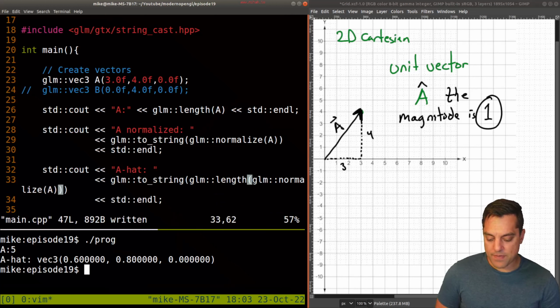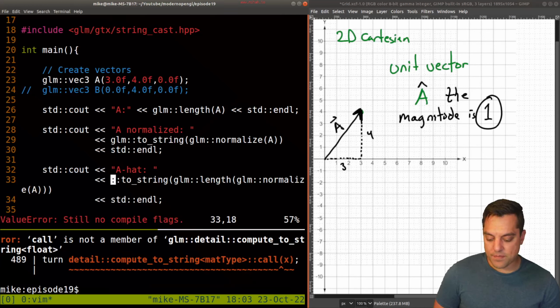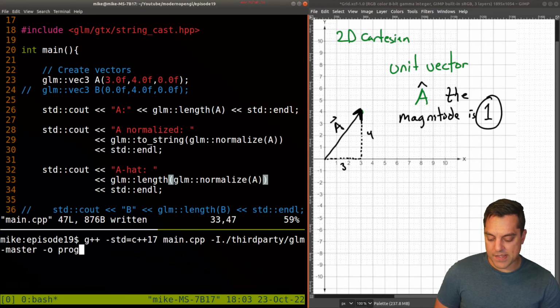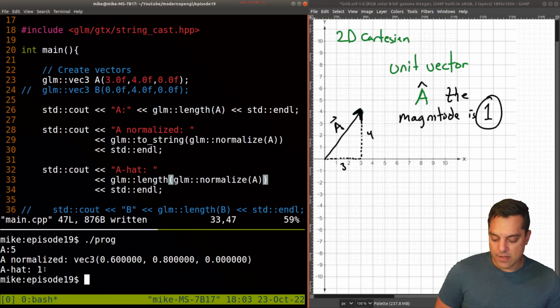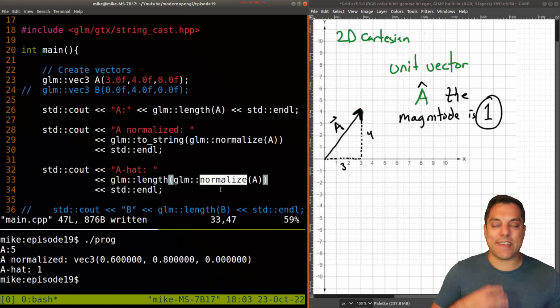I don't think I'll need a toString here. Let's see if it complains. Yeah, it's going to complain because that's just a scalar quantity. So let's just compute the length here, and we should just get 1.0. And there we are. So the length of any unit vector is just going to be 1.